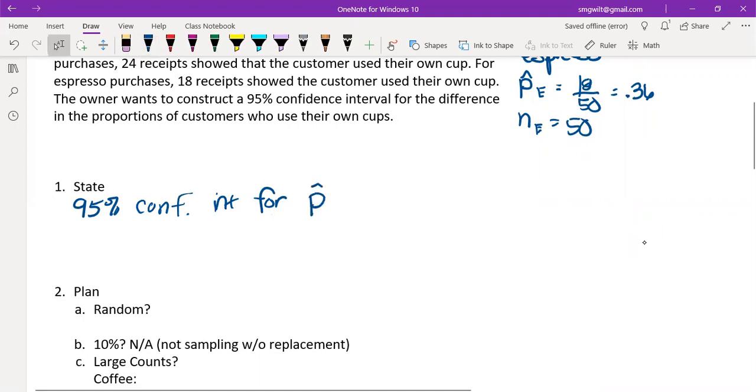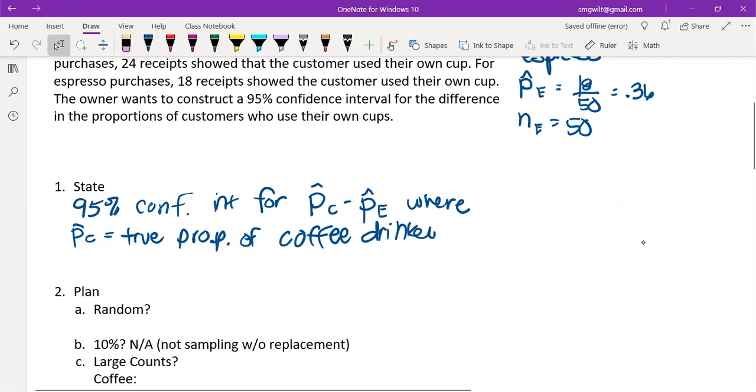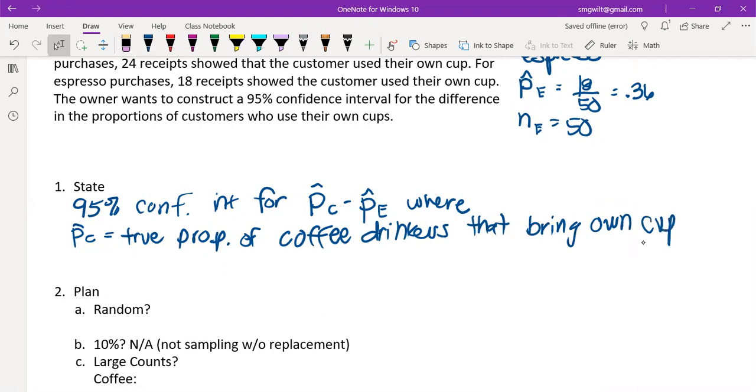So we want to use p hat of coffee minus p hat for espresso, where p hat C is the true proportion of coffee drinkers that bring their own cup, and p hat E is the true proportion of espresso drinkers who bring their own cup.